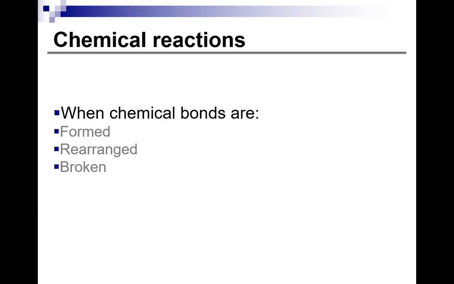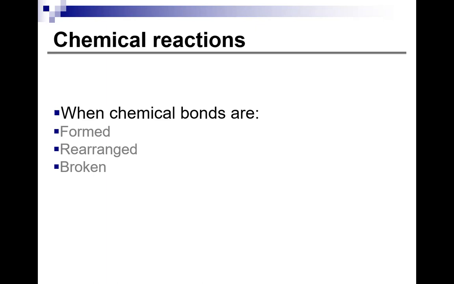You could have different kinds of chemical reactions like decomposition, where you have bonds being broken. So if you had a larger molecule and it broke into 2 or 3 smaller molecules or individual atoms, that would be a decomposition type of reaction.